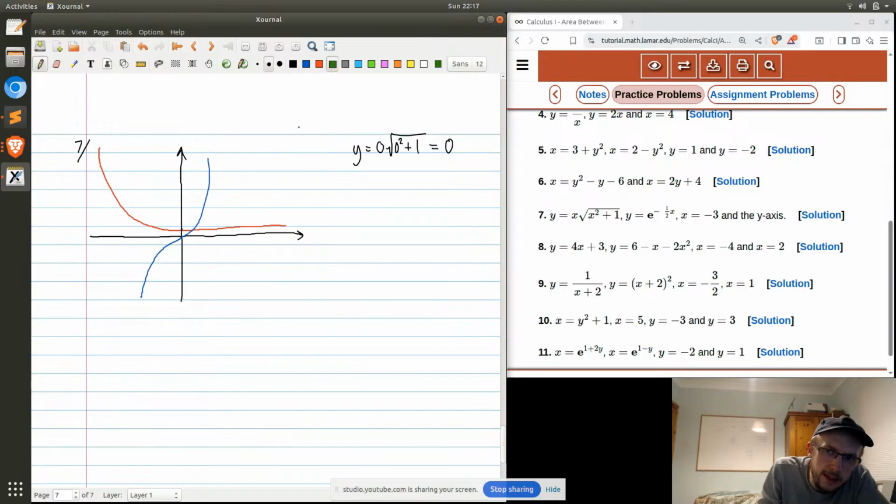X is equal to 3. Well, that's a vertical line and the y-axis. All right, so now at the very least, we have some clue about what's actually being asked of us.